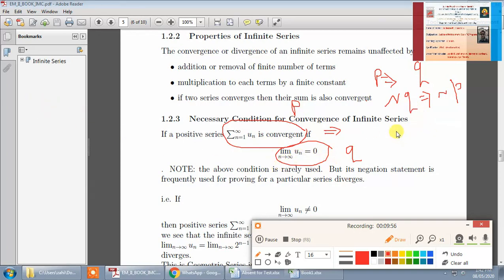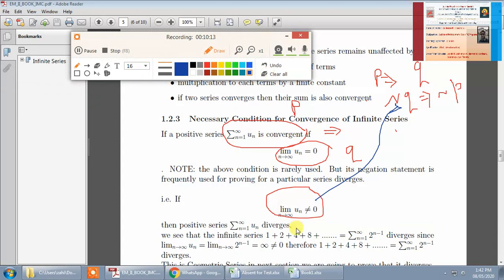So that is negation q. What is the meaning of that? Yes, the series summation un will be divergent. So summation n from 1 to infinity un diverges. So negation q implies negation p. That is, p implies q, and this implies negation q implies negation p.